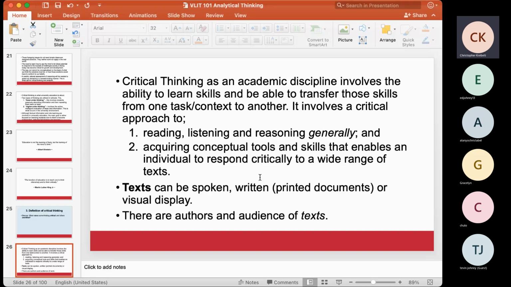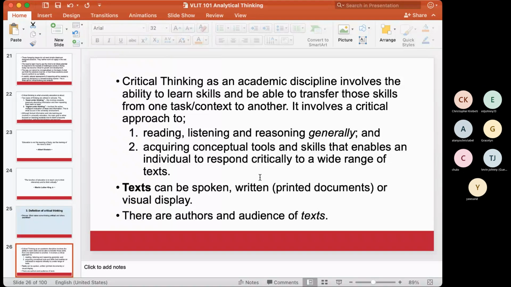All right. So critical thinking as an academic discipline involves the ability to learn skills and be able to transfer those skills from one text or task or context to another. So it involves a critical approach to reading, listening, and reasoning generally, and acquiring conceptual tools and skills that enable an individual to respond critically to a wide range of text.